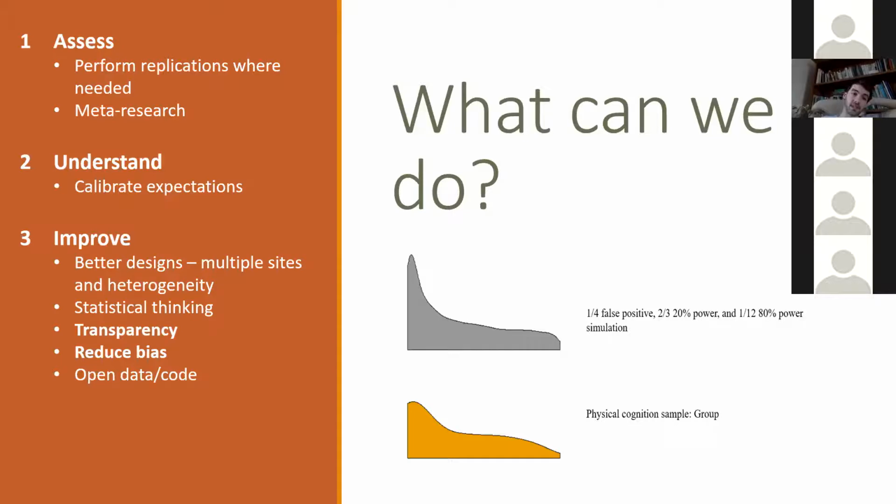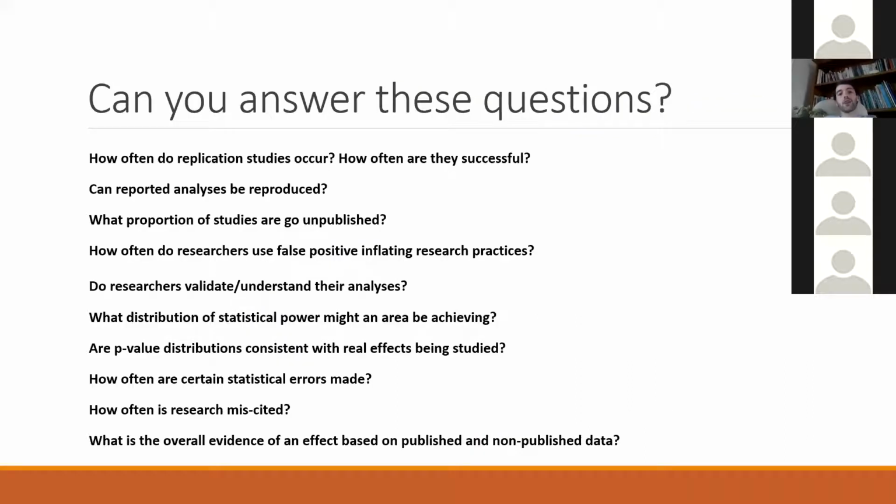You might want to increase the heterogeneity of your design. These things can improve the reliability of research. We always want to be improving our statistical thinking, but then I'm going to talk about the things which most often come under the open science umbrella. So thinking about ways to increase our transparency and reduce bias, and these are going to come in the form of registered reports and pre-registrations. But first I'm going to drop onto a few meta-research questions that we might have.